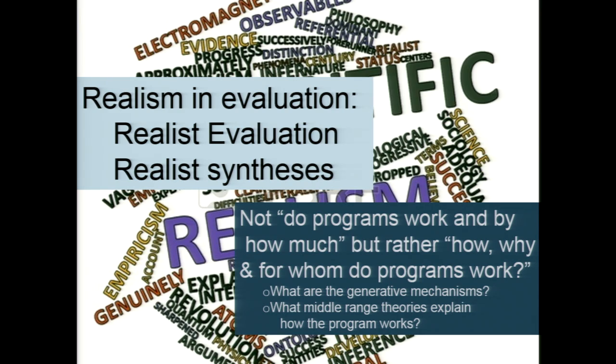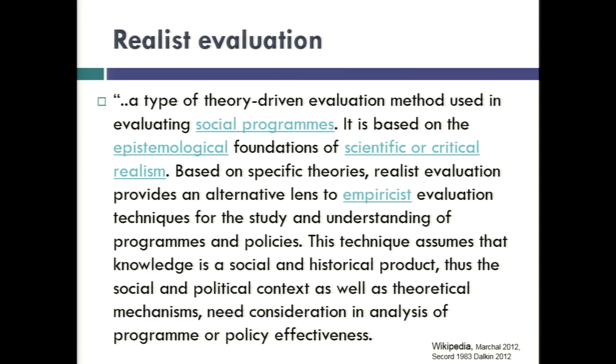So we deal with generative mechanisms, mechanisms that emerge from processes, and then also middle-range theories to explain. So what is a realist evaluation? It's a type of theory-driven evaluation used in evaluating social and, more increasingly, health programs, based on the epistemology of scientific realism.